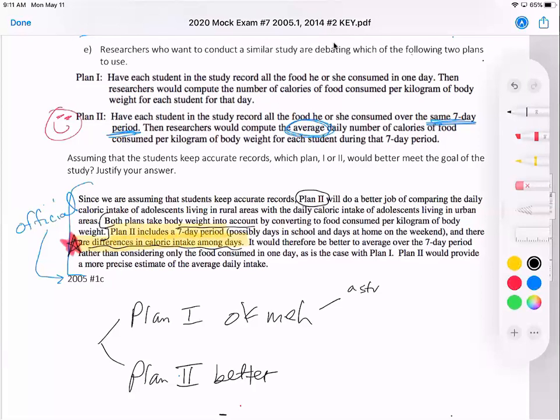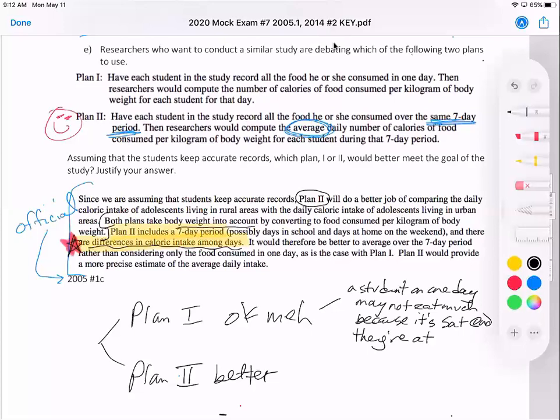A student on one day may not eat much because it's Saturday, or they're at work and they don't get to eat much.